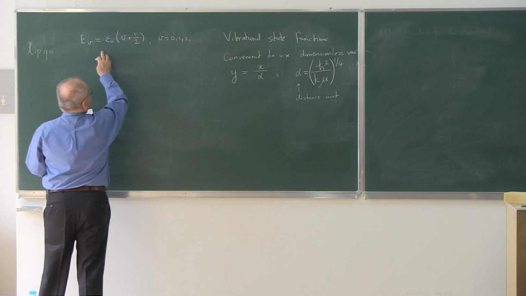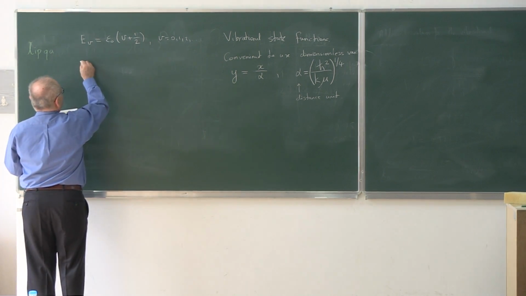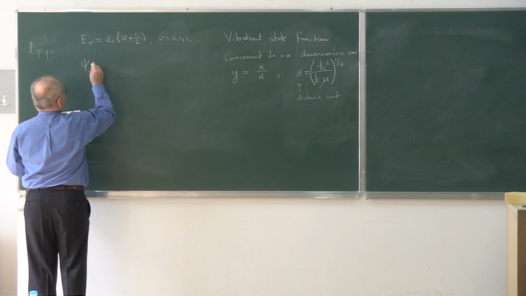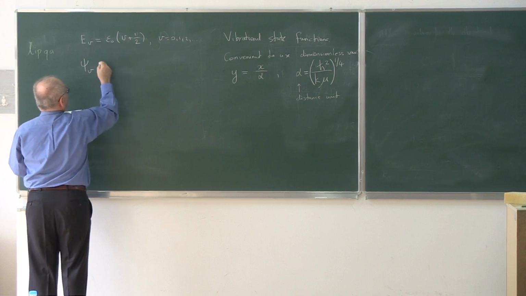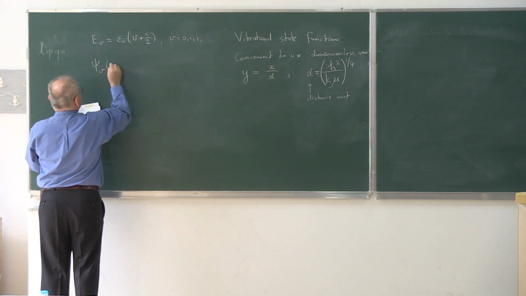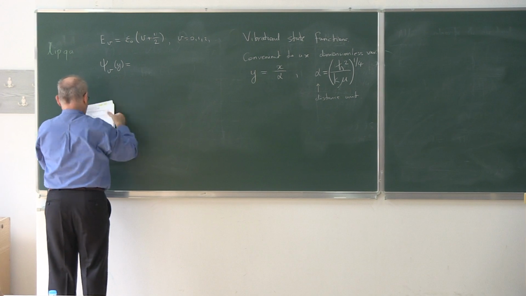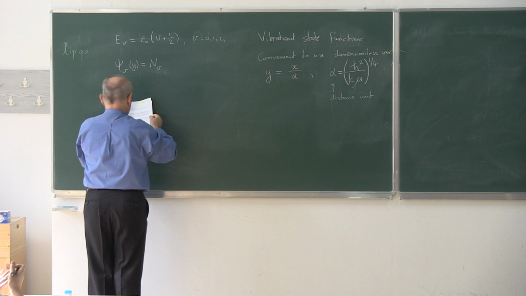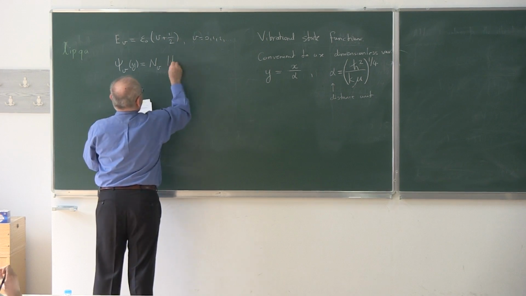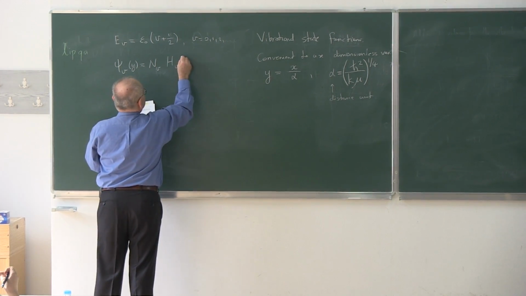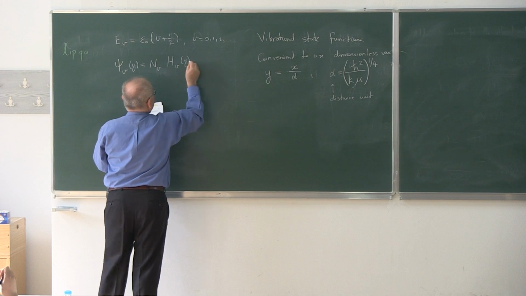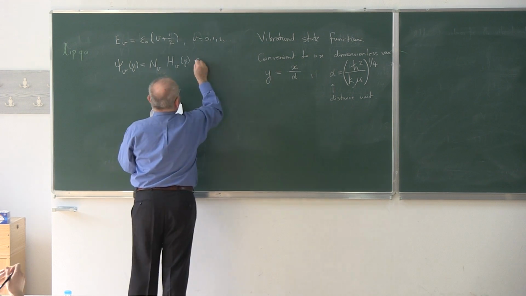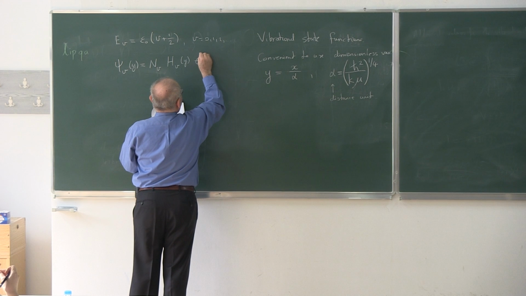Now the vibration state functions which correspond to each energy, as a function of this y, is a normalization constant multiplied by a function, a polynomial, times a Gaussian function.